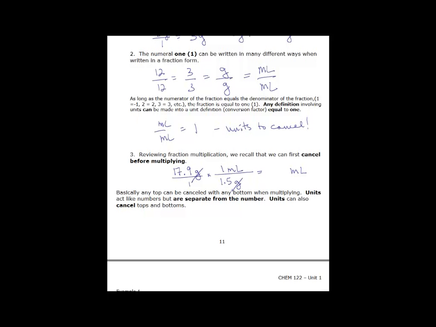Now, in order to enter this into your calculator, you would put 17.9 divided by 1.5, and if you wanted to, you could put times 1, but the times 1 isn't going to change your answer like we just learned.